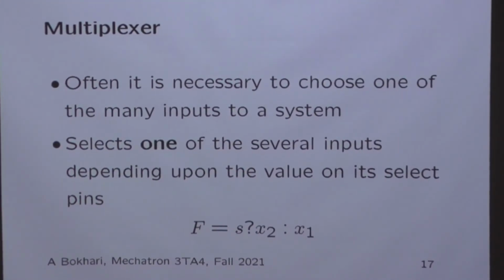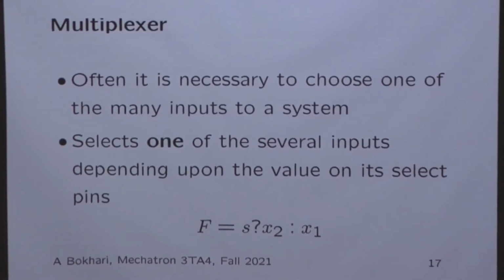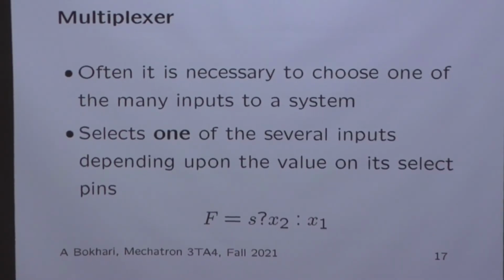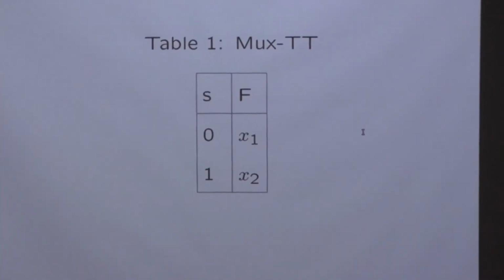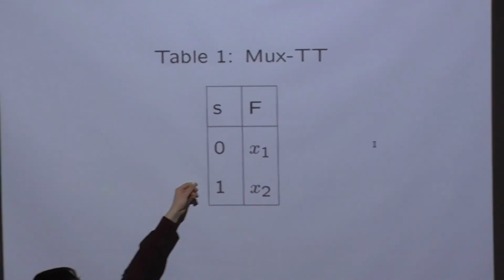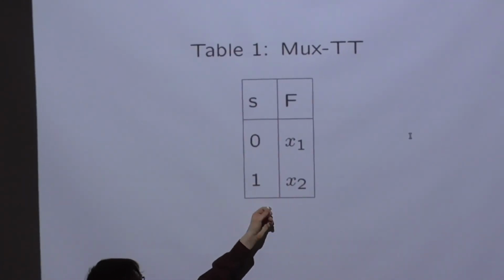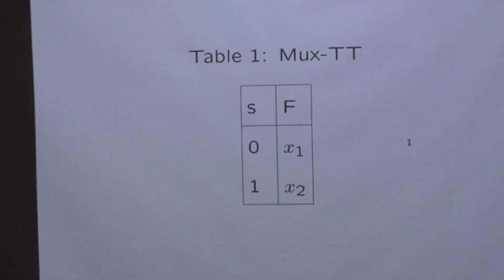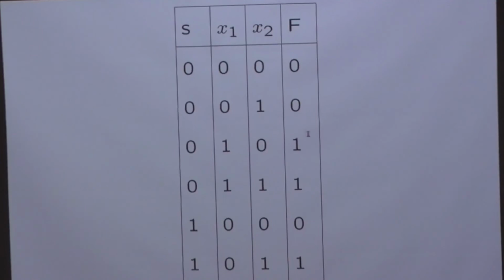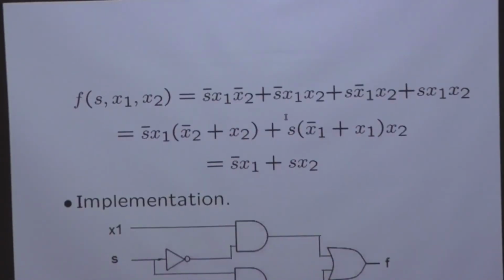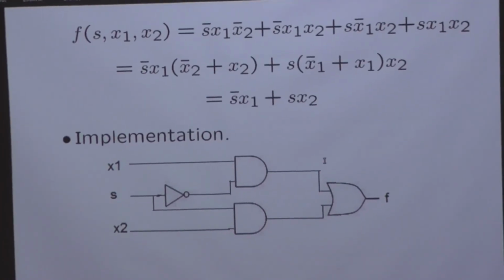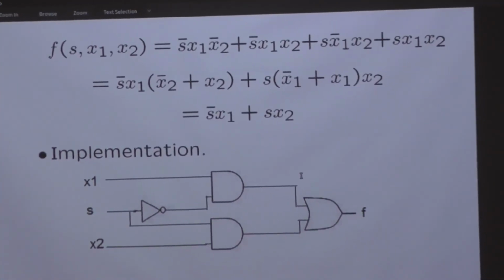So, just to review, a multiplexer is a circuit which selects between other circuits. Basically, if we have two inputs, x1 and x2, if the selector is 0, it picks x1. If the selector is 1, it picks x2. If you expand that out to a full truth table, it looks like that. But if you were to implement the multiplexer on one bit, this is what it looks like, right?